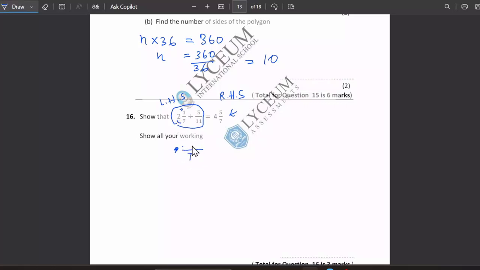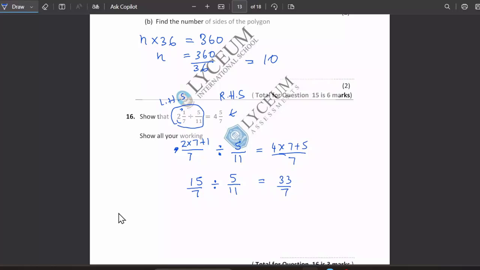The denominator doesn't change. 2 times 7 plus 1 divided by 11 over 5, we don't have to simplify. 4 times 7 plus 5 over 7. Now this is 15 over 7 divided by 5 over 11, and 28 plus 5, 33 over 7.